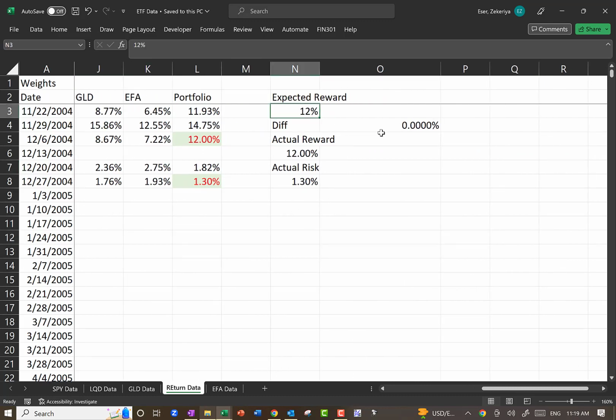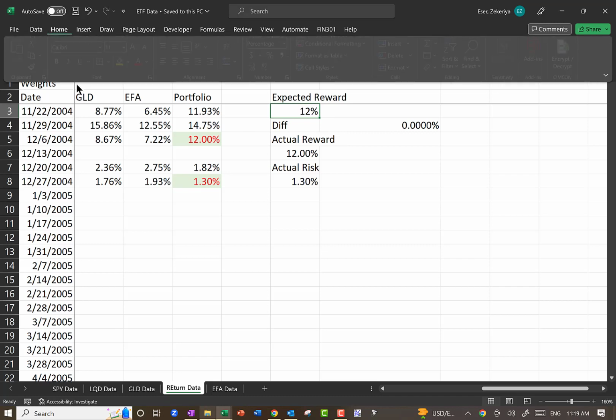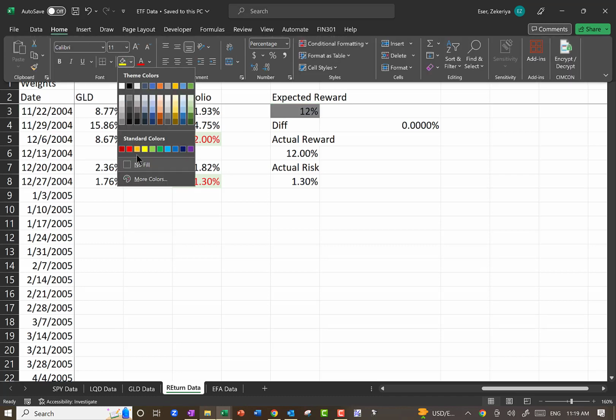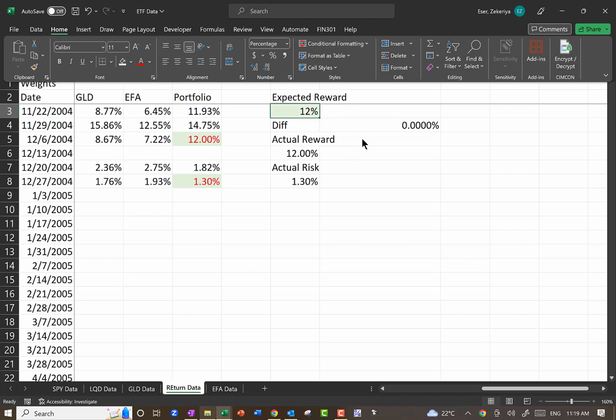The way we kind of set it up, let me color code these. This is my input.